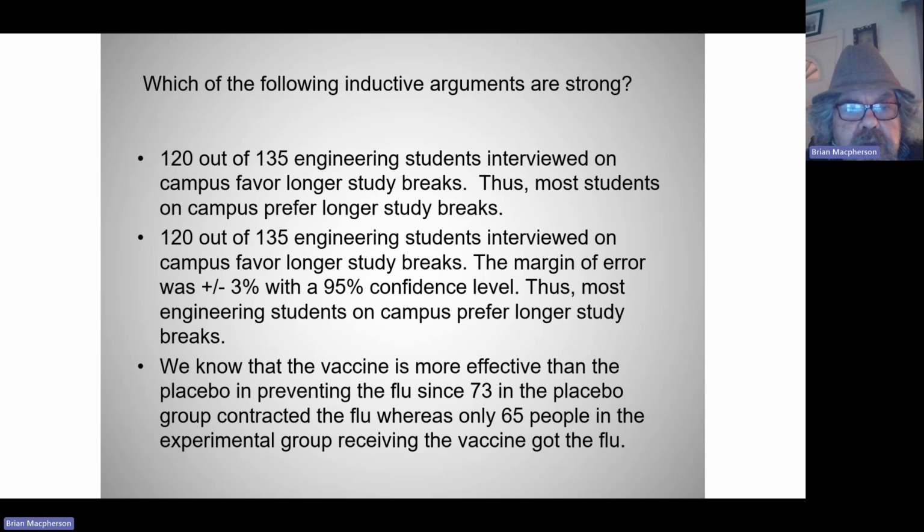In other words, there are no inferential statistics. For example, if this were a t-test, chances are it would not be statistically significant. So because the difference between 73 and 65 could be due to pure chance, we really can't conclude with any degree of probability that the vaccine being tested is effective.